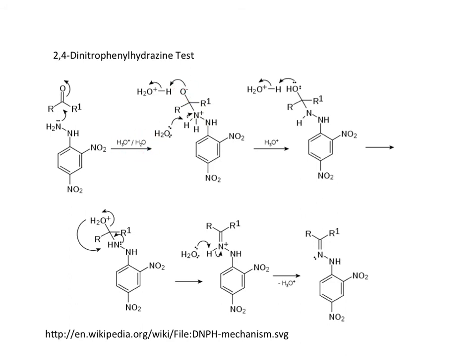In our solution, we have water, and so the oxygen is protonated by water. The nitrogen is deprotonated by water. So we get this neutral form with a nitrogen and a hydroxyl all on this tetrahedral carbon.